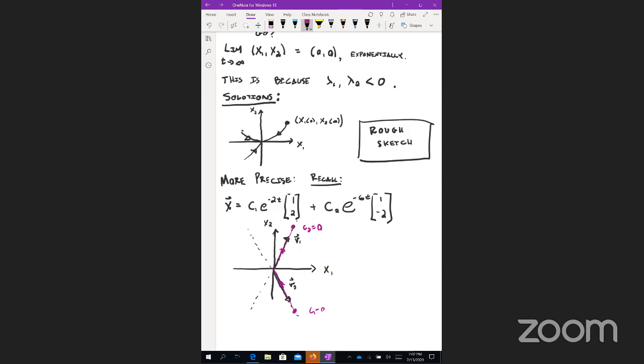And if we start someplace else, we can think of this as some combination. So if we start here, we can think of this as some linear combination.